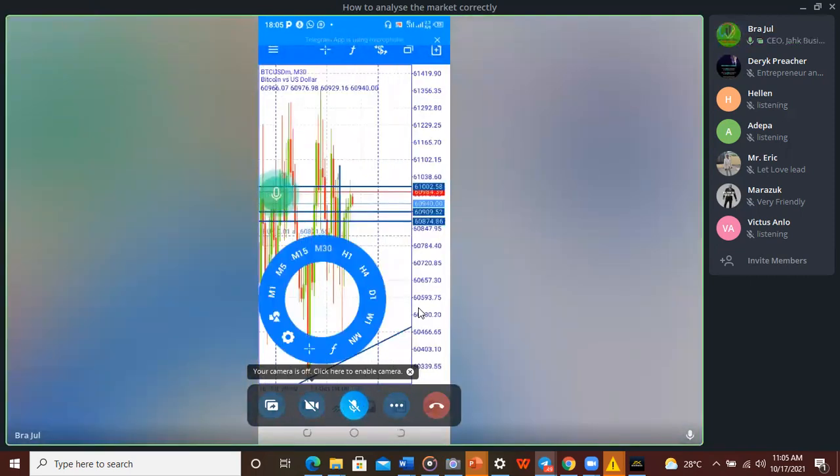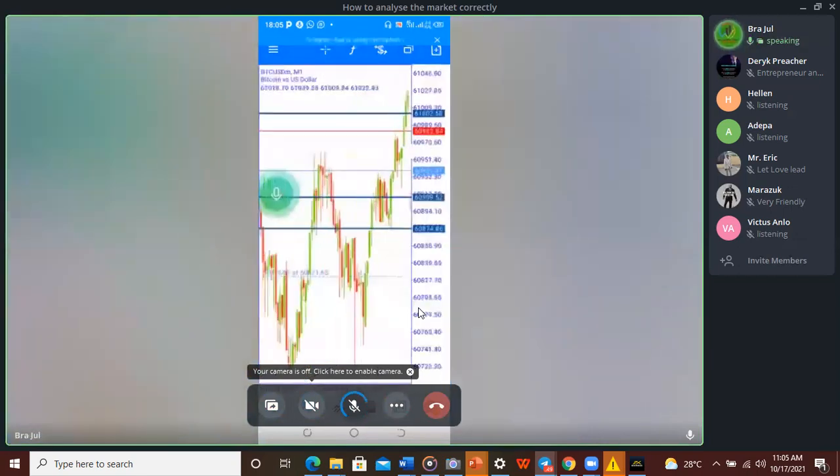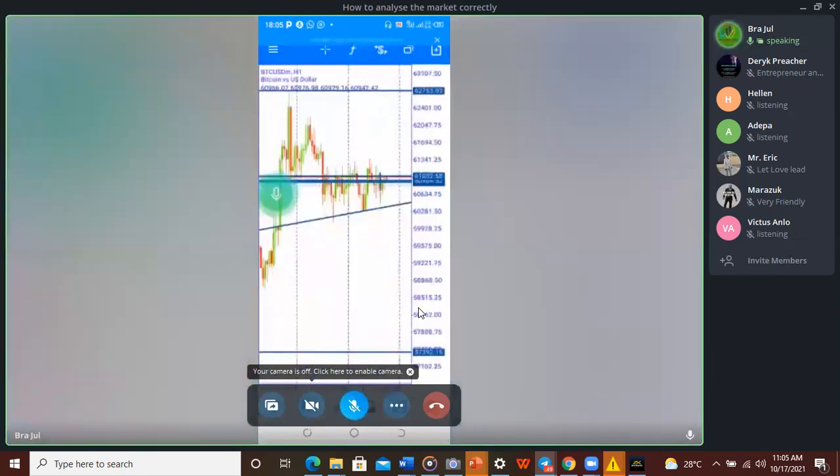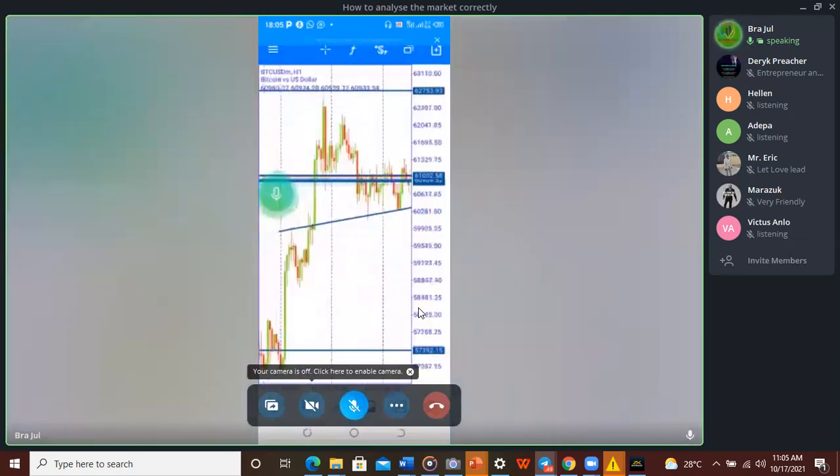If I move down to the smaller time frames, you can see how each one was trending upwards. So I took a trade on that basis.